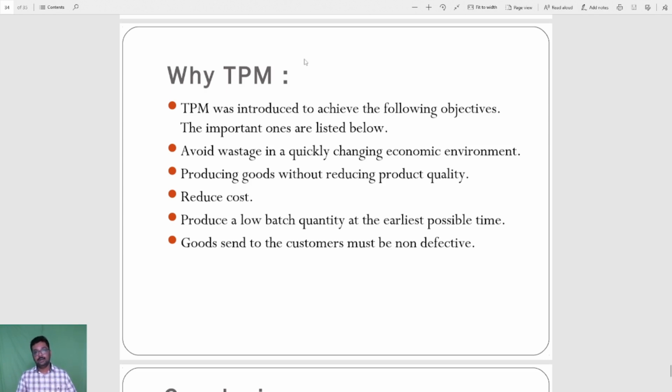In everything we do as a production industry, the main thing is customer satisfaction. Once our customers are satisfied, they are the broadcasters of our product. They are the people who bring our products to several customers around us. So once we have customer satisfaction, obviously we have very good output from the system.